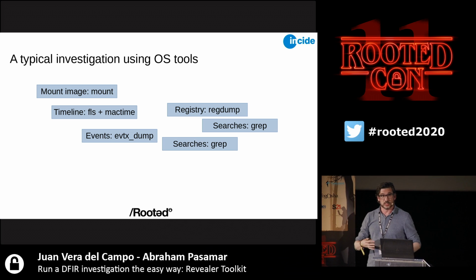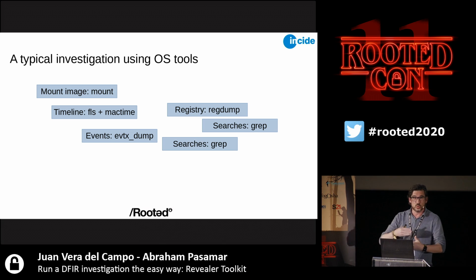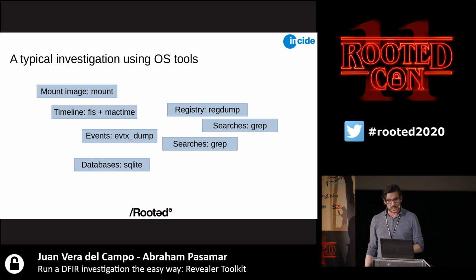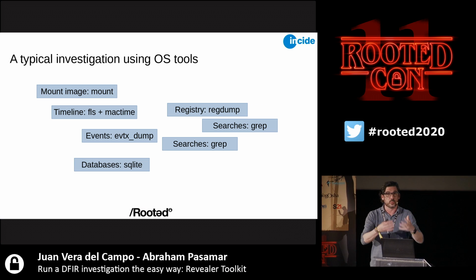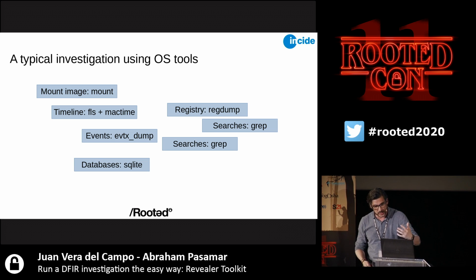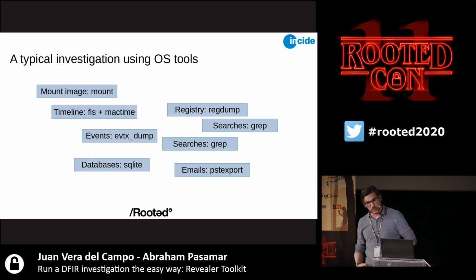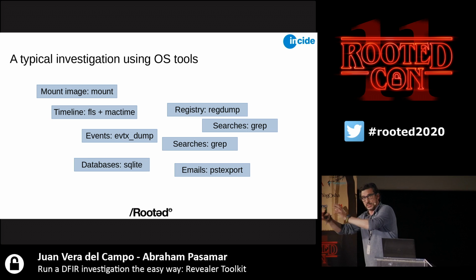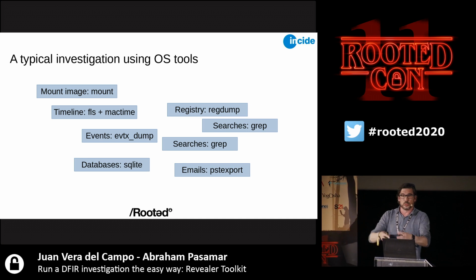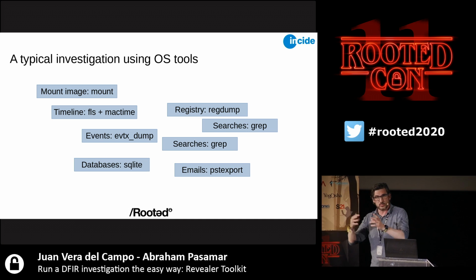After that, he goes on doing greps, because it's a loop that feeds back the investigation. You have databases, you have SQLite, and you continue parsing everything. He parses, analyzes, and he says, well, I have an email.